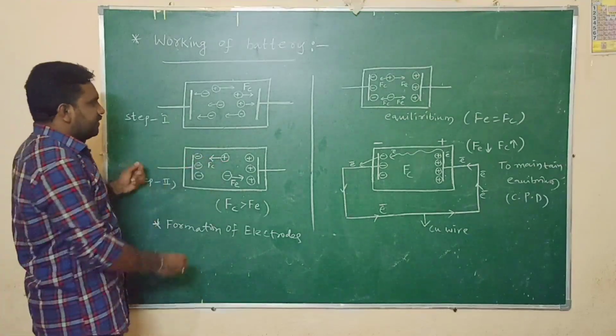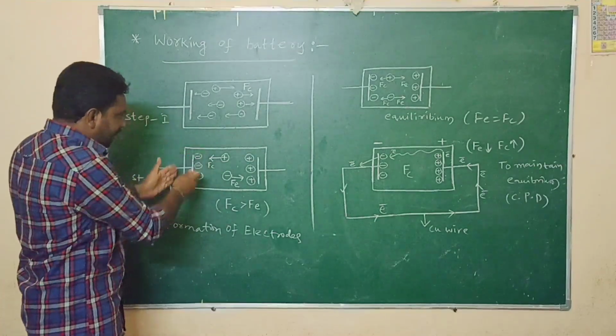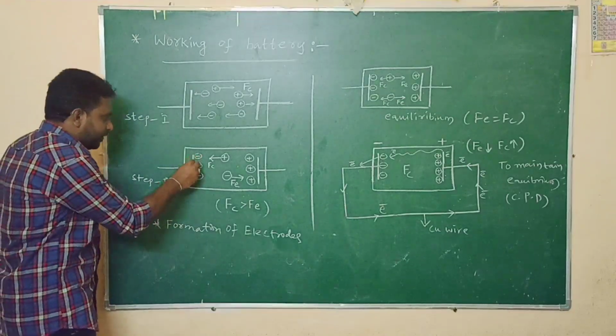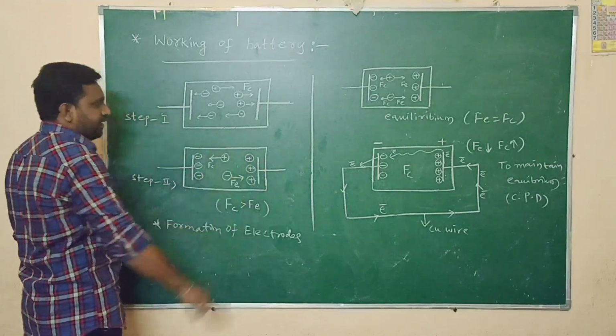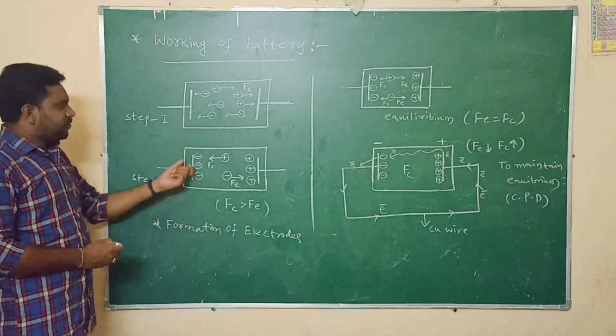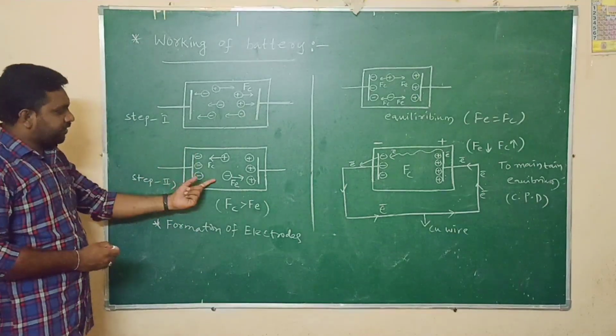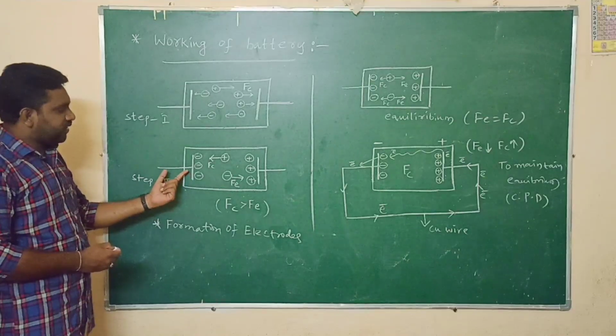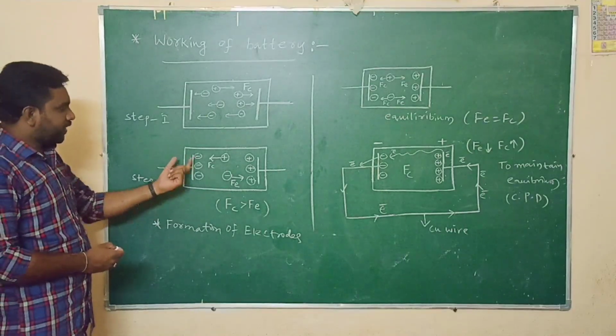How many ions gather depends on the nature of the electrolyte and the nature of the metal.